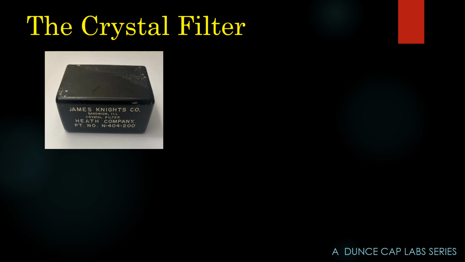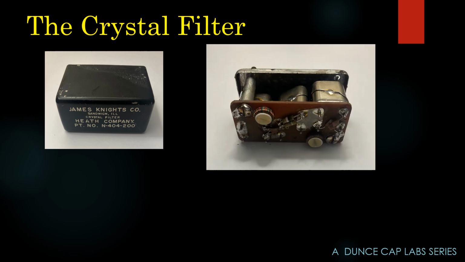This is such a filter. It's comprised of, I can't remember now exactly, I think there's 8 crystals in there. You can see 1, 2, and barely see the third one here. Yeah, there's 1, 2, 3, 4. Okay, there's 6 crystals in there. Plus there's some trimmer caps here, some toroid cores.